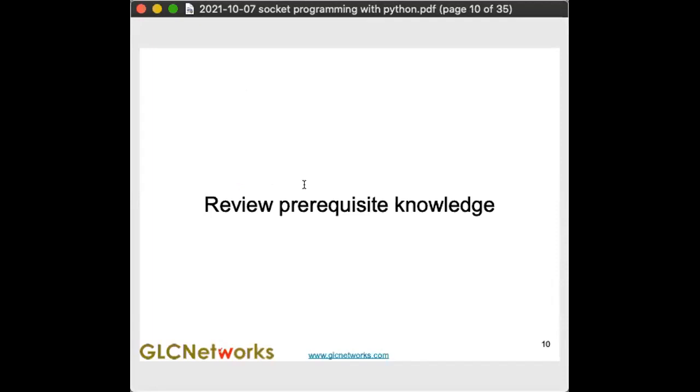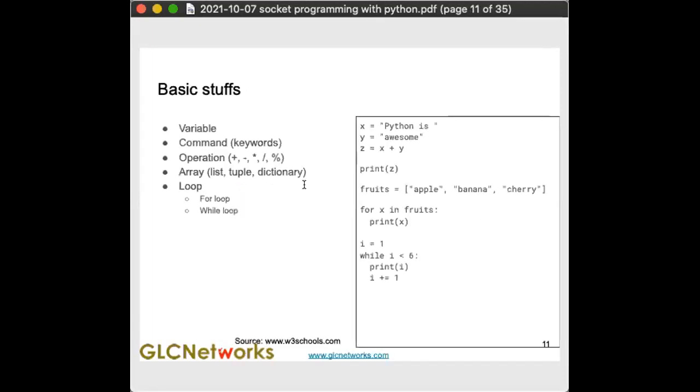Okay, next is prerequisite knowledge. First is the basic stuff, basic programming for Python. We assume you're already familiar with these things. This is very standard when you are learning programming, right? Lesson number one is variables. And what comes with variables? Data types.